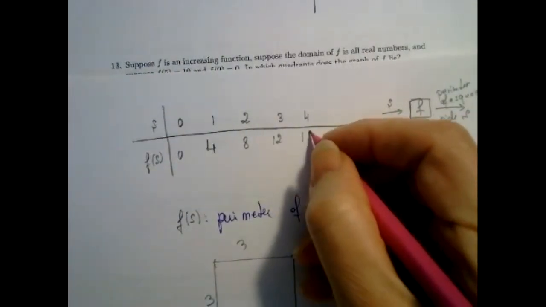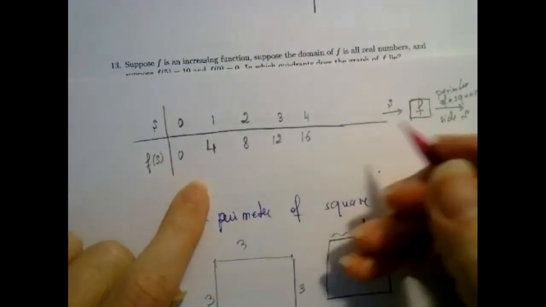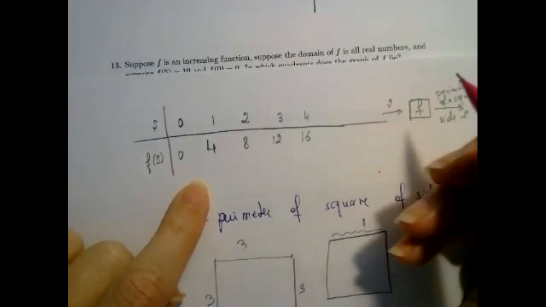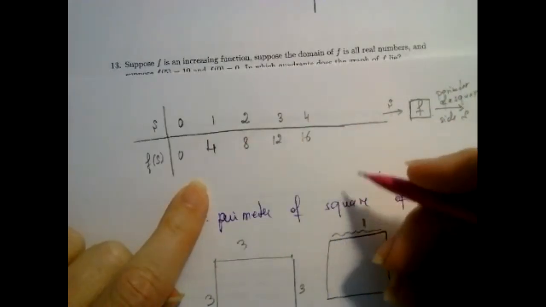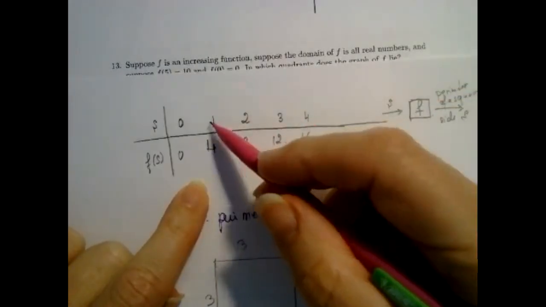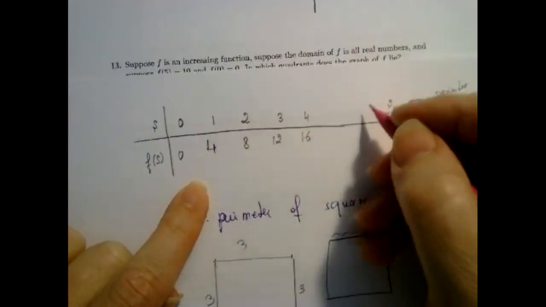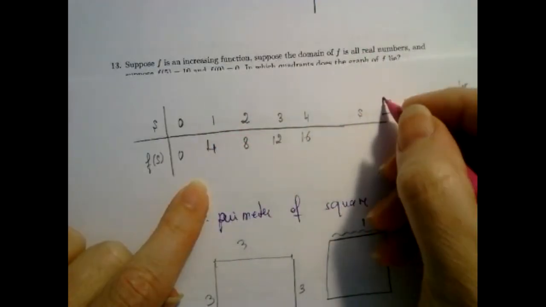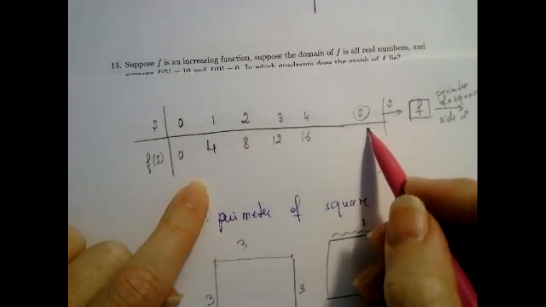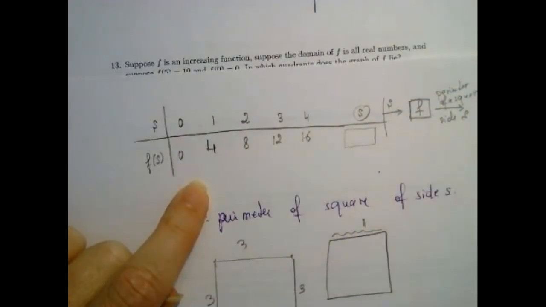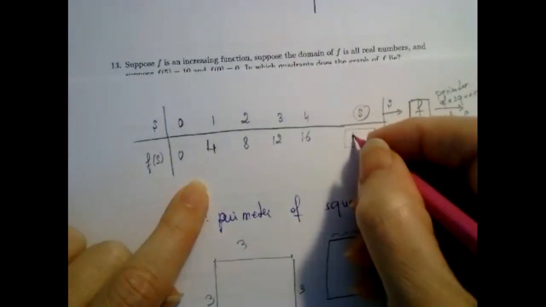It's 4 times 4. I can go on forever doing this. Or I say, if I let s be the symbol for the side, what is the general formula for f of s? 4 times s, exactly.